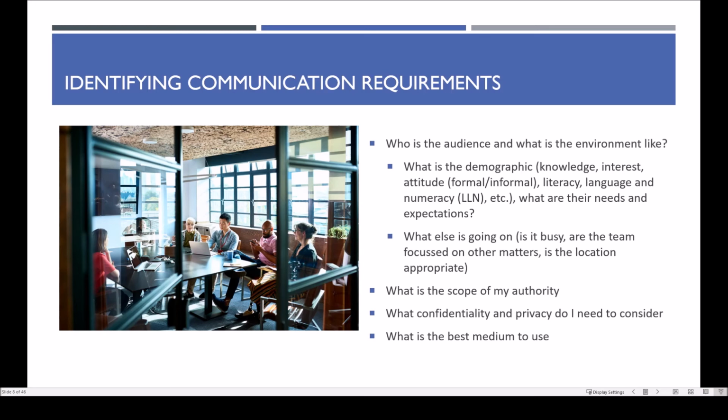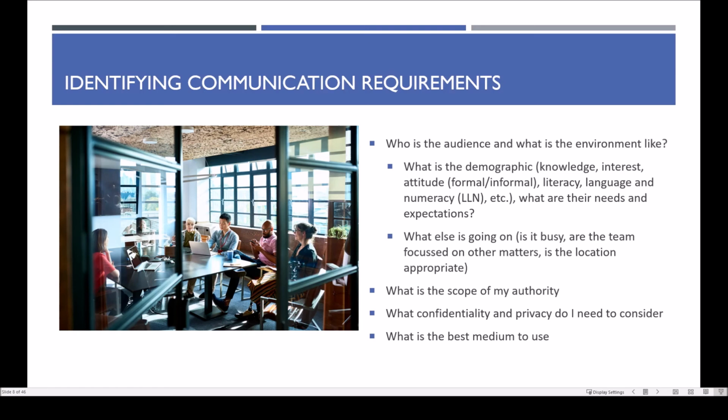And also thinking about what else is going on. It's particularly when we think about the environmental factors that impact on that. Is it a busy time when I'm going to be having this discussion, or am I sending out this email, or making this presentation? Are people going to be distracted by other matters?